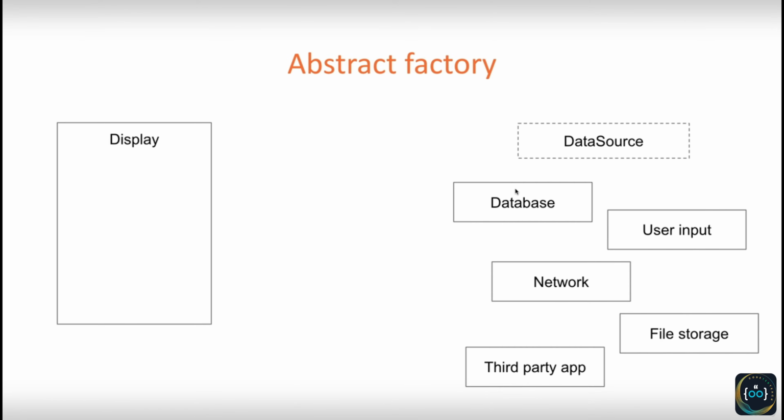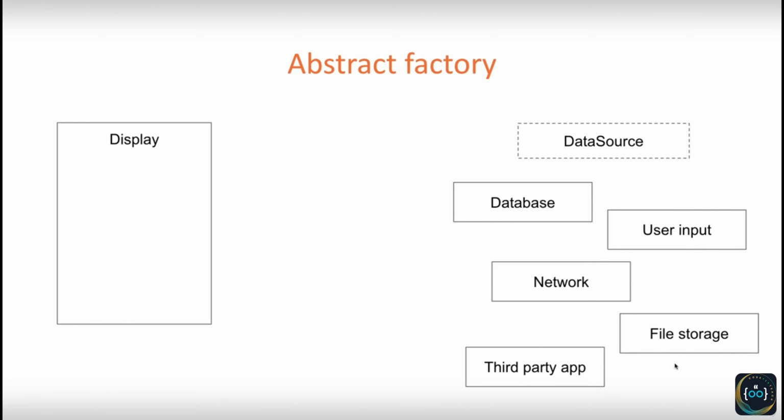All of these have certain types underneath them. For example, the database might have SQL database, MySQL database, or whatever type of database. So you can think of this as kind of a factory for databases, a factory for user inputs, and so on.